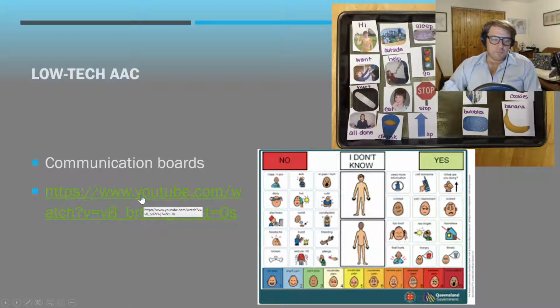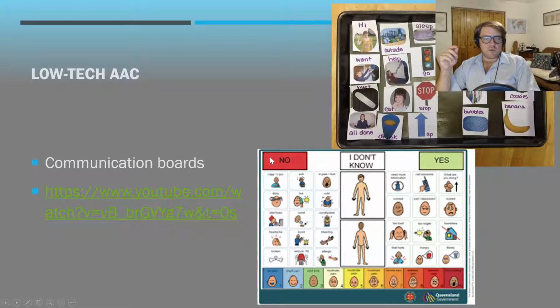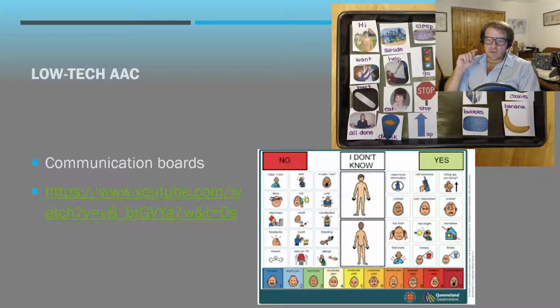I am not going to play this YouTube video for you, but you do have these PowerPoints and you should watch the video. Basically, the video is just going to show you about a certain type of communication board. One thing that they're going to talk about is modeling the use of the communication board, and I want to absolutely underscore how important that is.